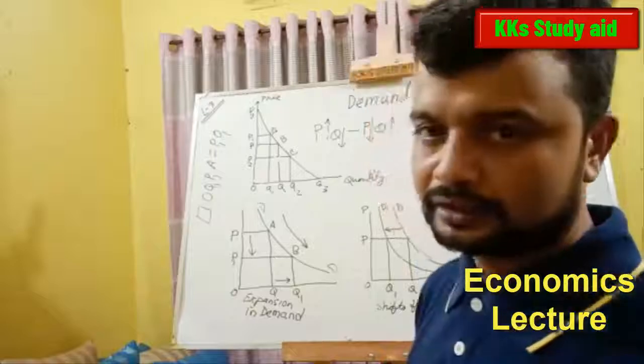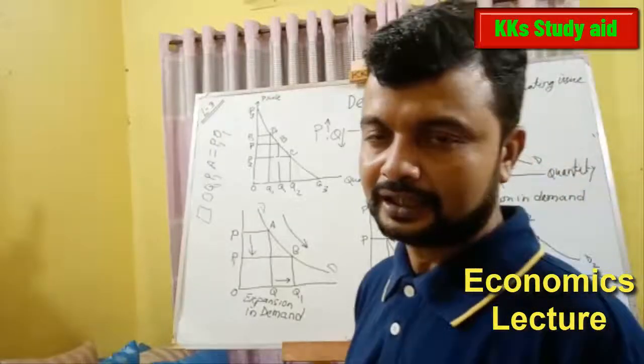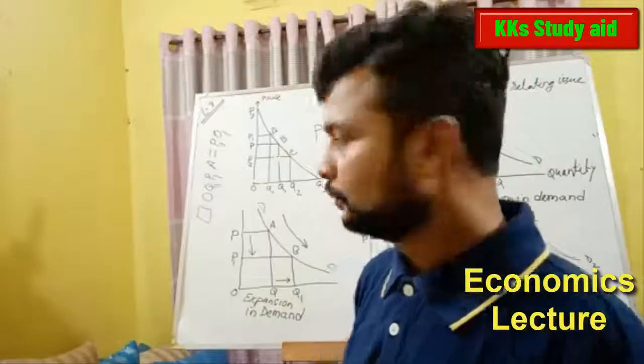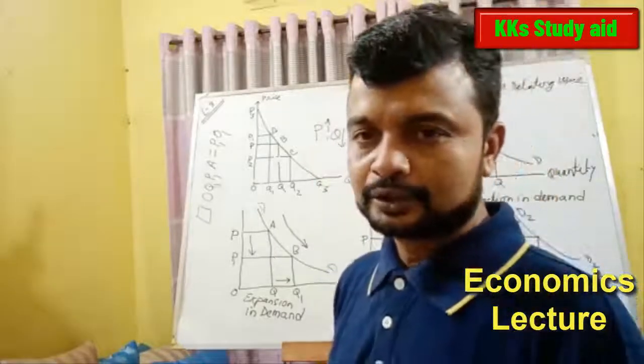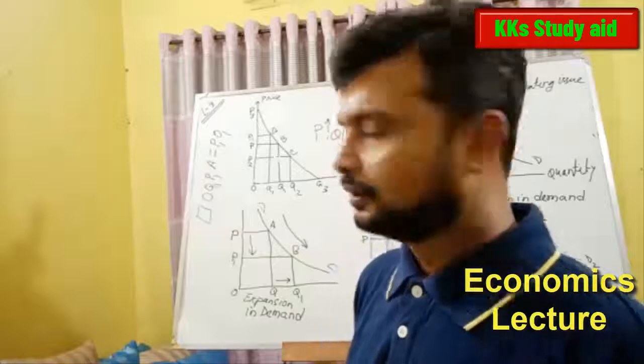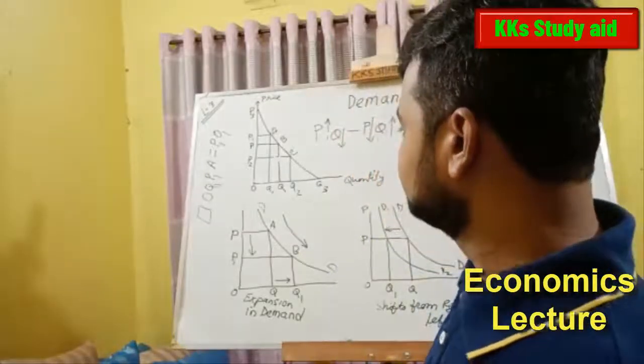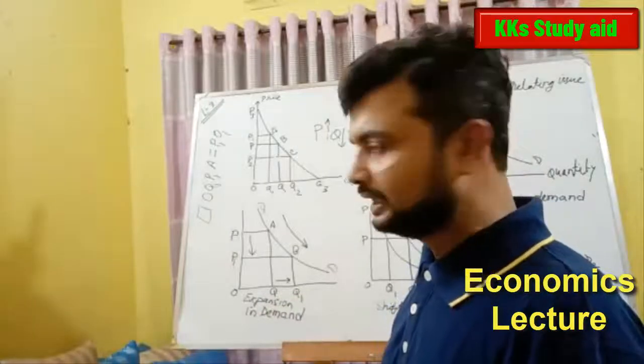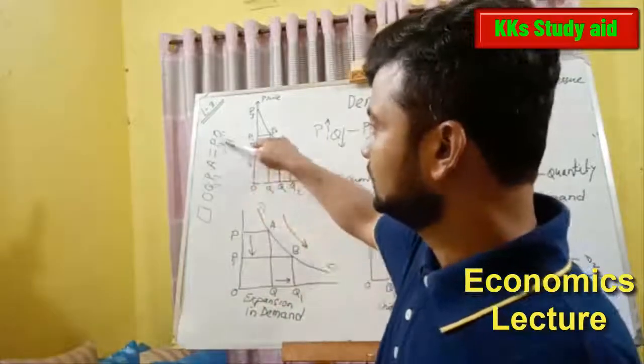For a consumer it is considered total expenditure, and for sellers it is considered total revenue. So we can call the term either total expenditure or total revenue. So it is clear here that the rectangular area under the demand curve means the total revenue or expenditure.